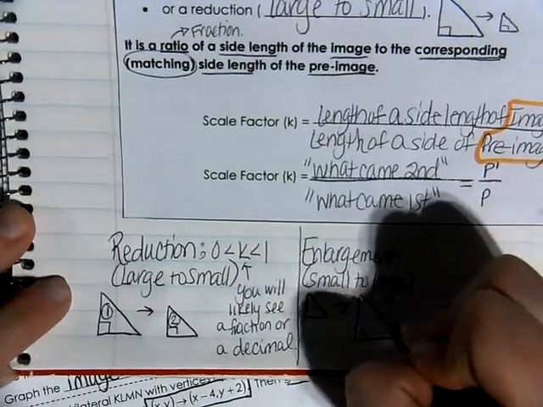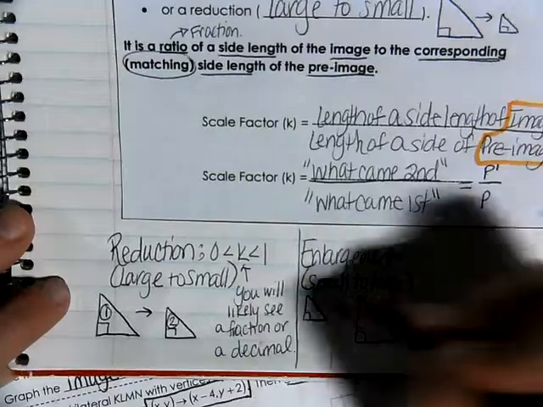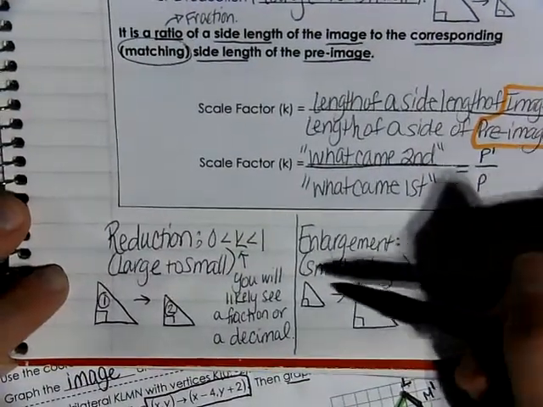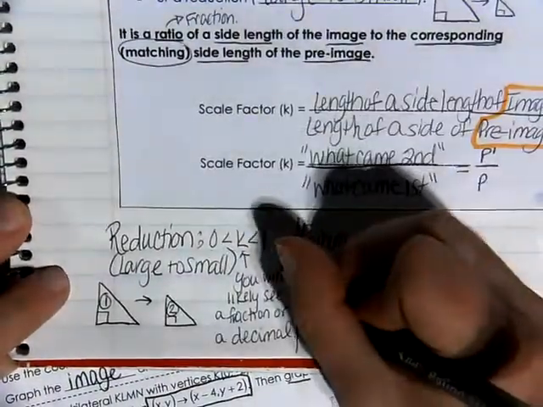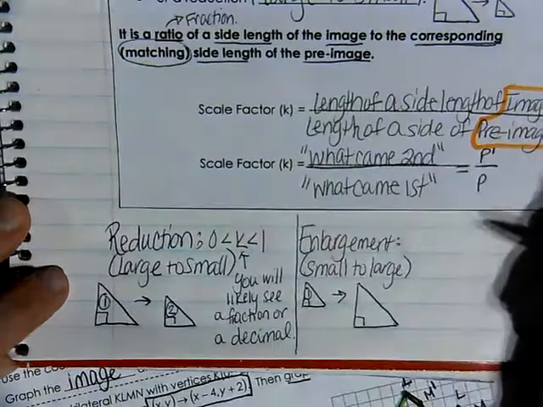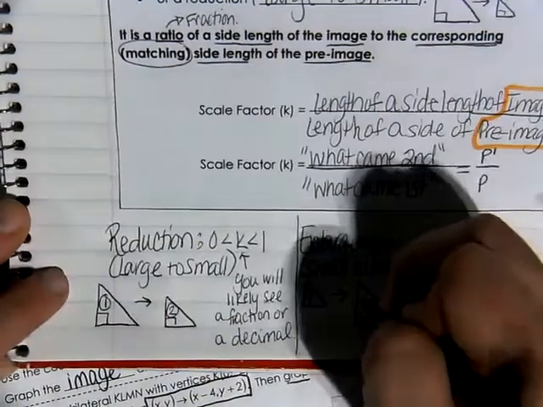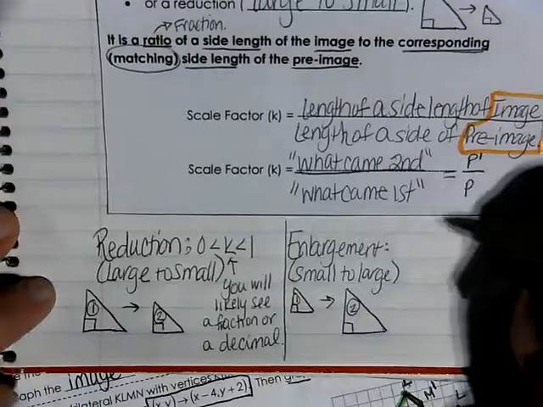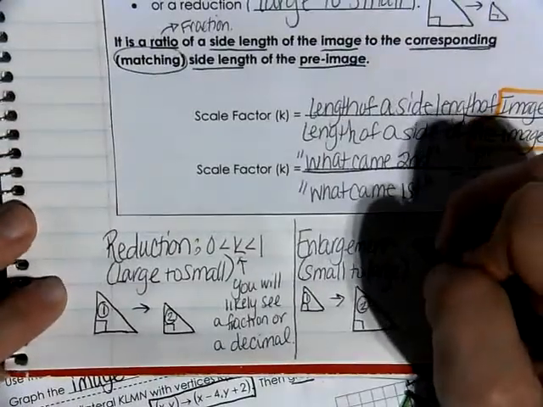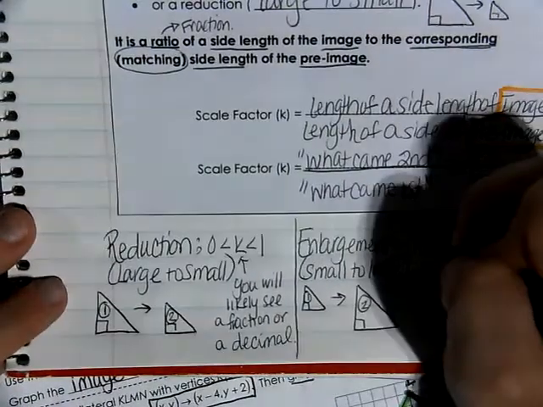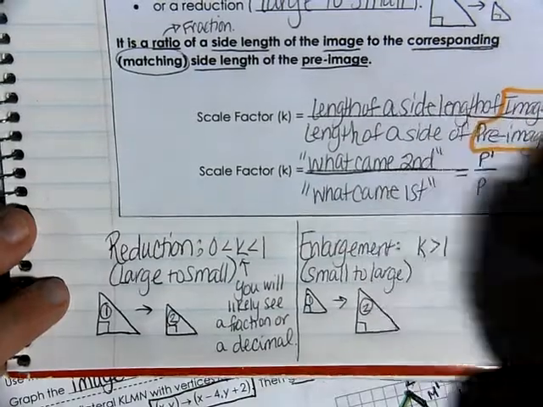The shape remains the same. It's just the size becomes bigger. So you would start off with your first pre-image being small, and then your image becomes large. And the scale factor for an enlargement are all values of k that are bigger than 1.